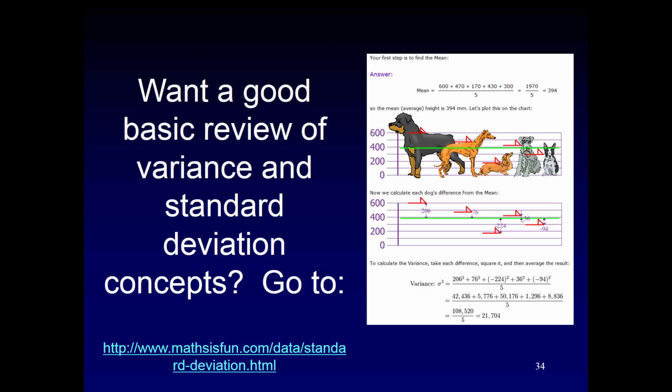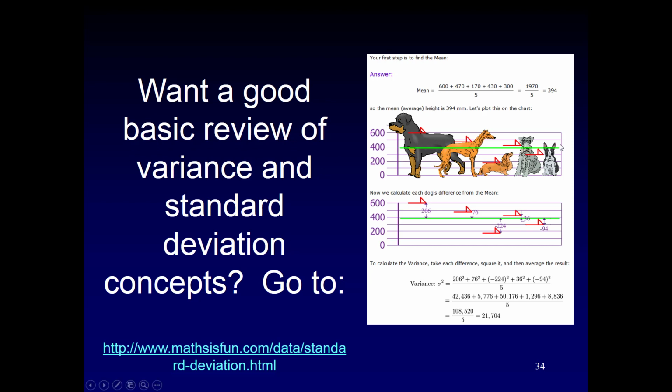If you want some review on variance and standard deviation, I'm going to ask that you take a look at this website here. It's really kind of fun. It walks you through. It's built for high school or junior high school students to take them through the concepts of what a standard deviation is and what it really represents.